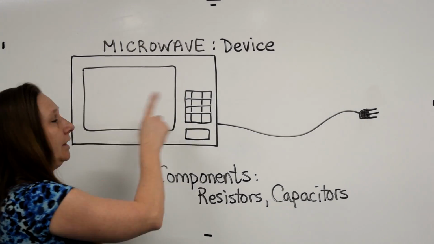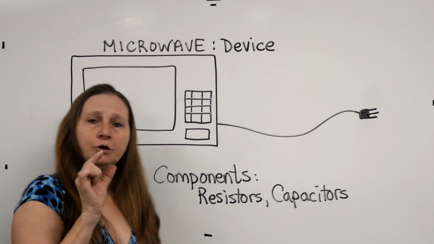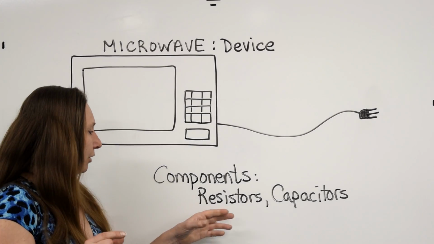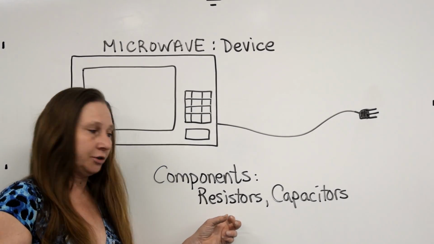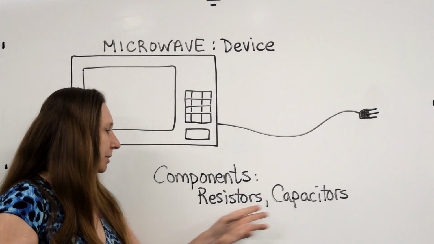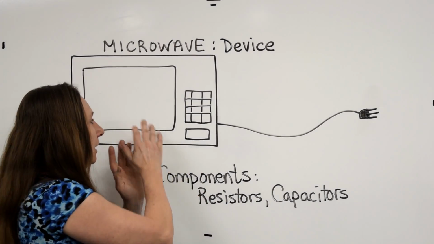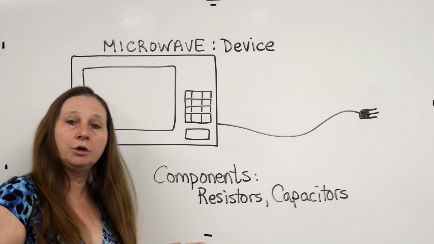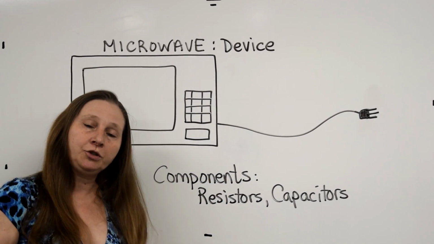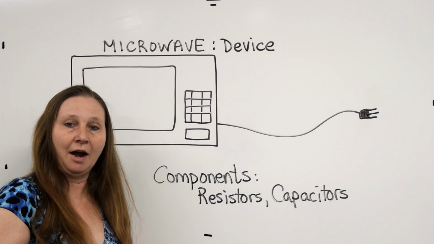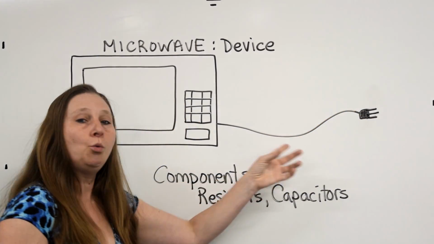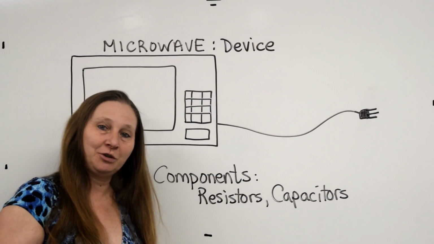Now, inside the device, there are smaller devices called components, and we will be talking a lot about resistors, not so much about capacitors, but these are all little parts inside of the microwave. We call those components, and the electricity also flows through those components for various reasons. So again, the electricity is coming through wires in the current electricity topic.